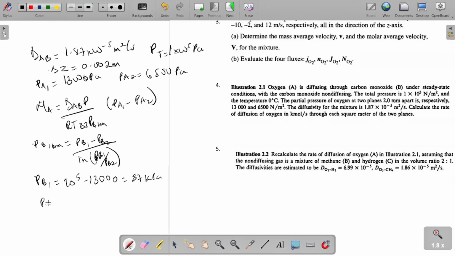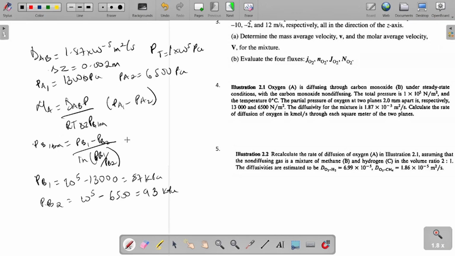Then PB2 will be the total pressure, 10 to the power 5, minus PA2, 6,500. That gives me 93 kPa.